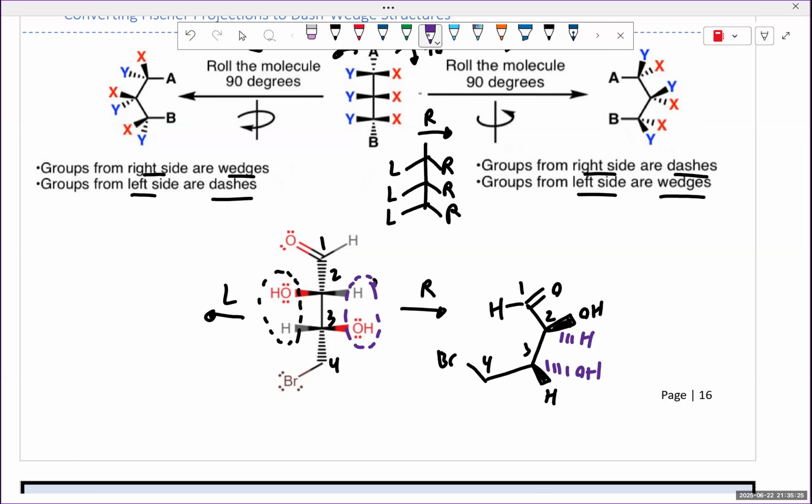What we've essentially done when you roll your molecule to the right is you're looking at this molecule from this perspective.